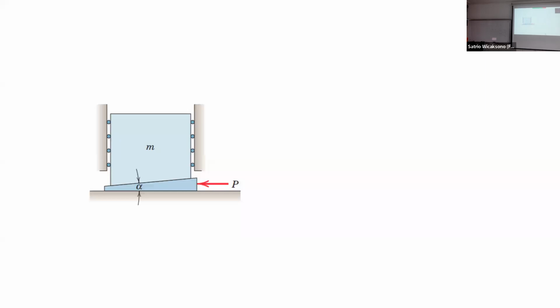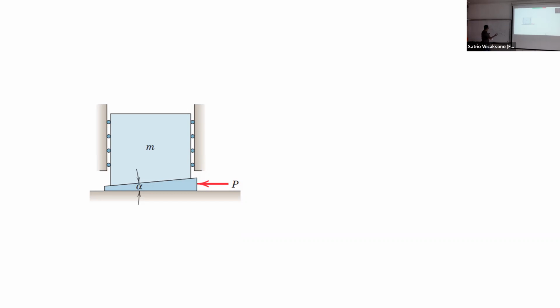Yep. But in this case, because there is no distance there, we only have two equations, unfortunately.